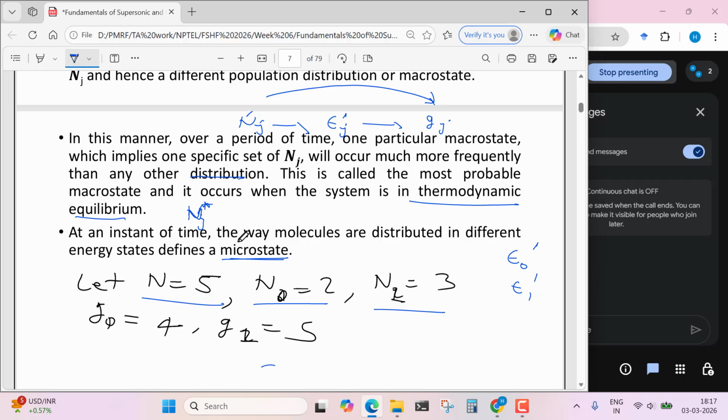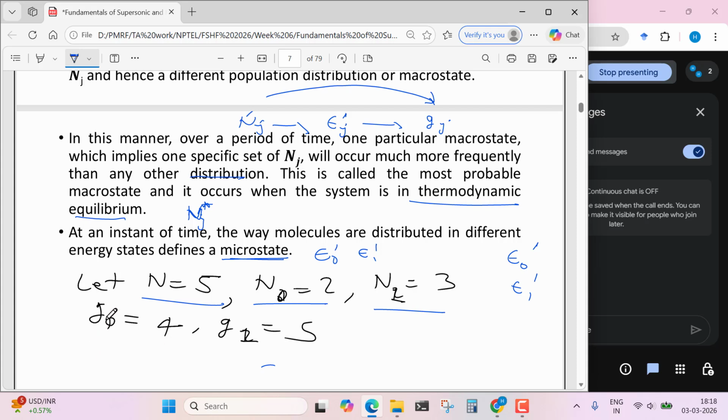At an instant of time, the way molecules are distributed in different energy states defines a micro state. So let's say we have 5 molecules and 2 energy levels, epsilon 0 dash and epsilon 1 dash. N0 has 2 molecules and N1 has 3 molecules.